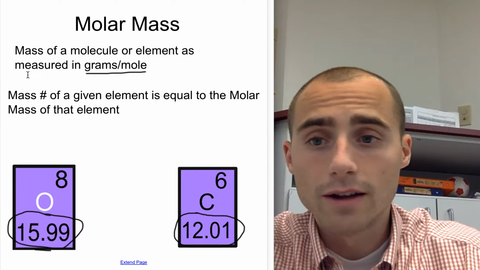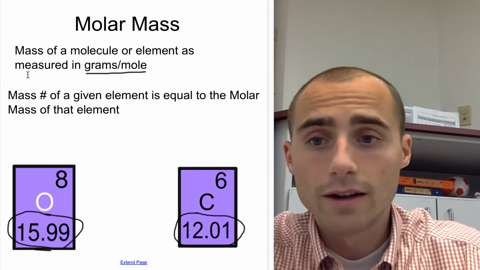Well, what you would do is you would look at your periodic table. You come up here, and you would find nitrogen. If you zoom into nitrogen, you would see that its mass down here at the bottom is 14.007 grams.